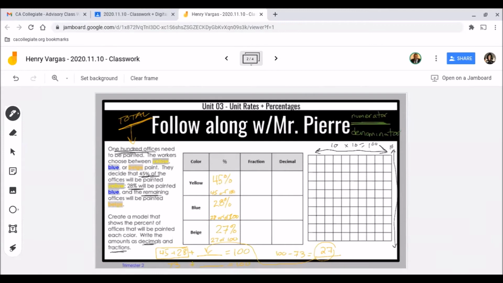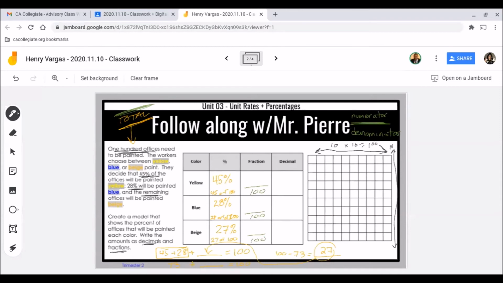When it comes to a numerator and denominator, the numerator is our part, the denominator is our total. And we know that our total, once again, is 100. Thank you, Mr. Acevedo, for letting Kevin in. So that means for every one of these fractions, the denominator or the total is going to be 100 because there's a total of 100 offices.